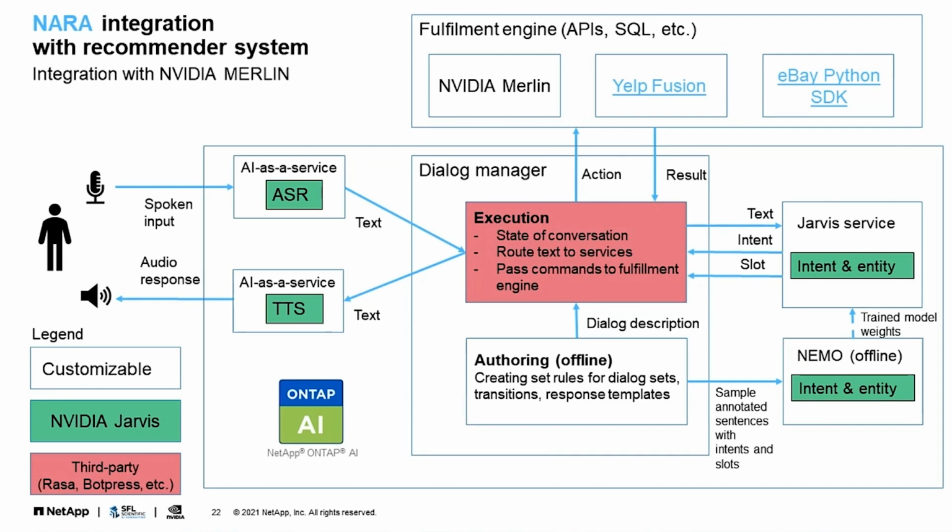So that can be healthcare applications. It's really very applicable across different verticals. In the next example, we'll show an integration with NVIDIA Merlin to provide movie recommendations for users. So I'll play a video.